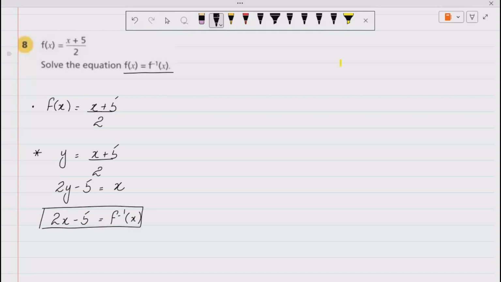Now the question is, solve the equation f of x equals f inverse of x. So we take f of x equals f inverse of x. f of x is (x plus 5) over 2. f inverse of x is 2x minus 5.